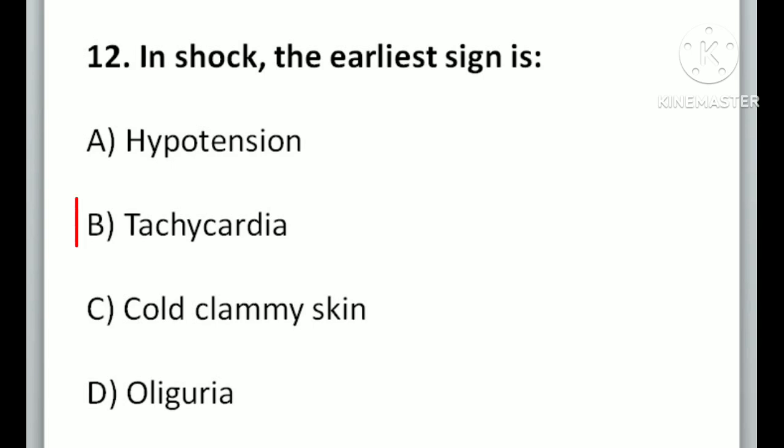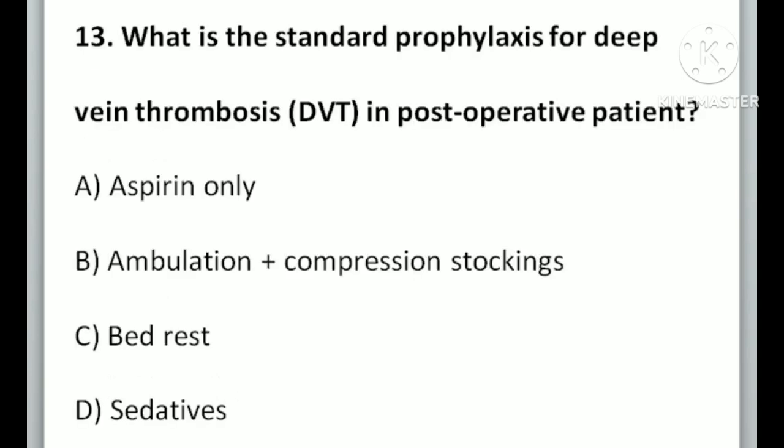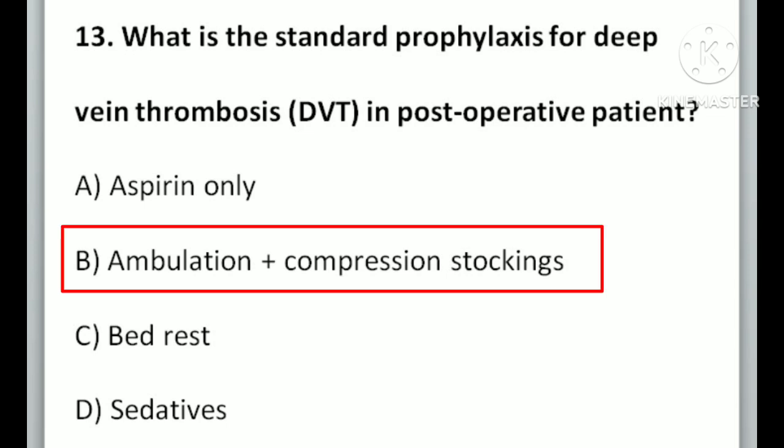Correct option is B. Tachycardia. 13. What is the standard prophylaxis for deep vein thrombosis (DVT) in a postoperative patient? Correct option is B. Ambulation plus compression stockings.